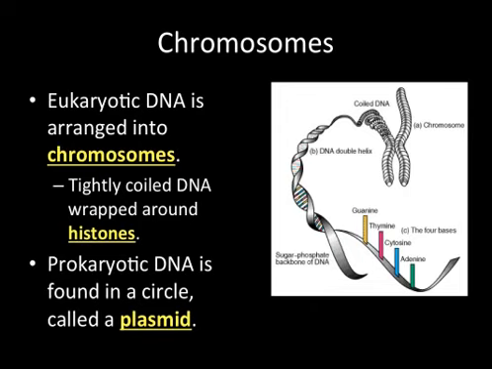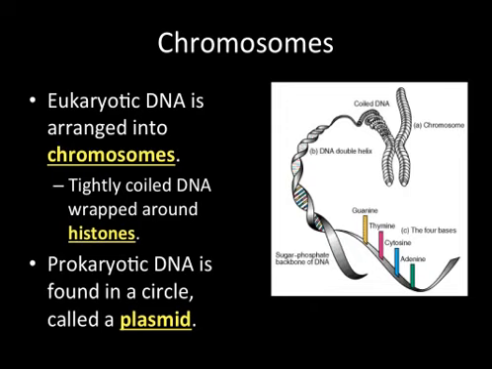Now, DNA doesn't just exist in the cell as this double helix molecule. It's actually tightly compacted into what's called a chromosome. Specifically, eukaryotic DNA is arranged into chromosomes, and these are tightly coiled DNA that's wrapped around the histones. If we unraveled DNA, all right, it would be entirely too long to be able to fit inside of a cell.